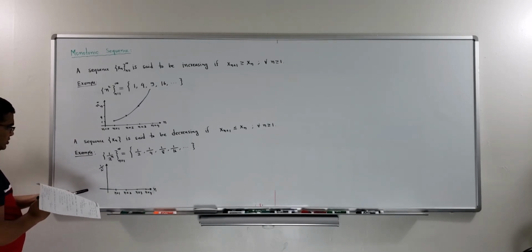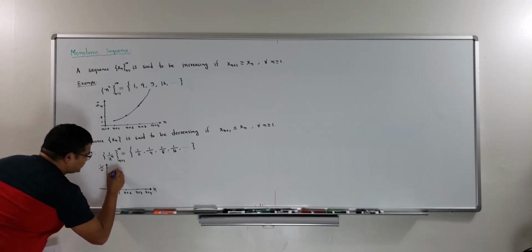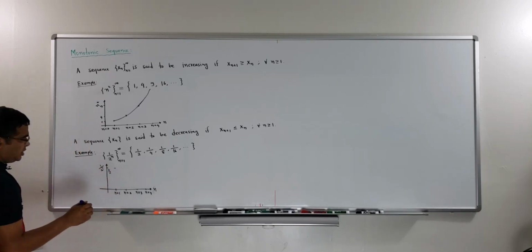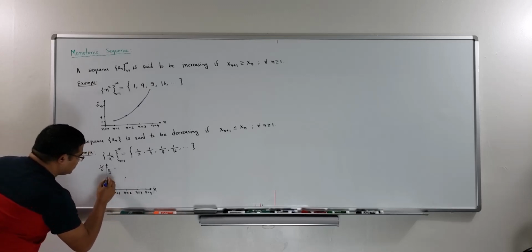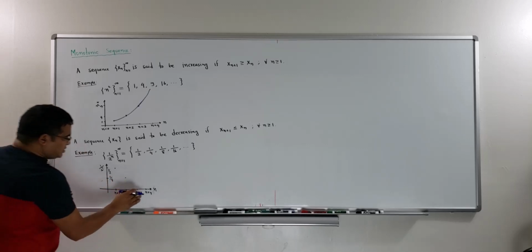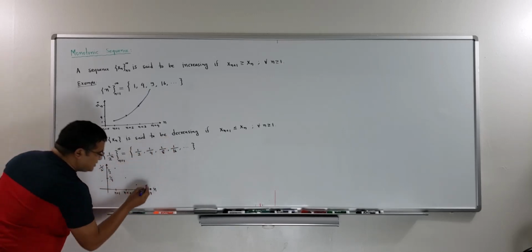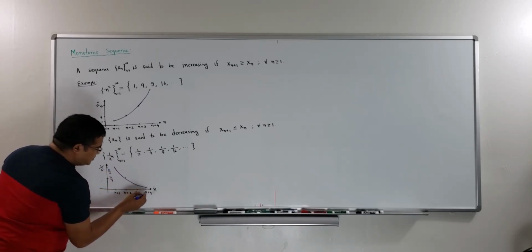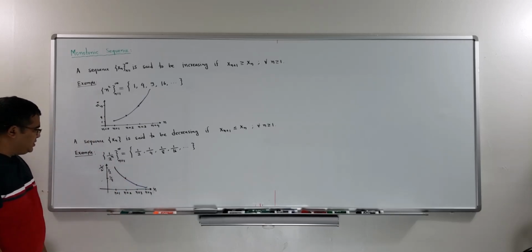When n equals 1, this is 1/2. When n equals 2, it is 1 over 4. When n equals 3, it is 1 over 8, and when n is 4, it is 1 over 16. If you add those points, you will get a decreasing graph.